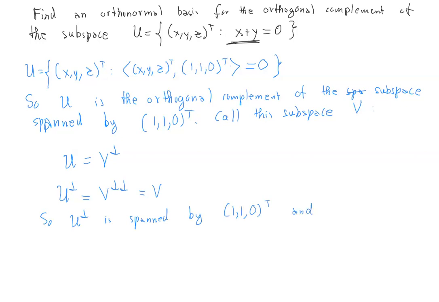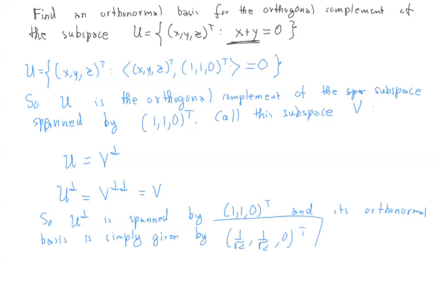And its orthonormal basis is simply given by 1 over square root of 2, 1 over square root of 2, 0. And that's it. So this is really an exercise on understanding things. There's not too much work to do here in this particular problem.